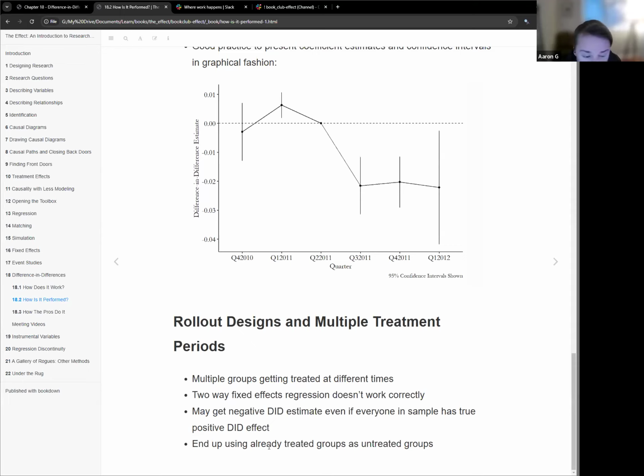That's definitely an issue. It won't work with fixed effects, but you may see that in the real world. And there are some consequences here when treatment is applied at different times. You may end up getting a negative DID estimate, even though in reality there is a true positive DID effect.